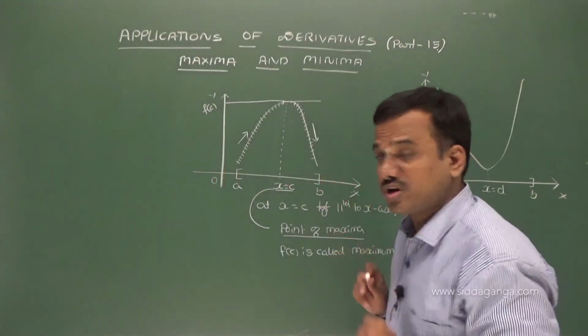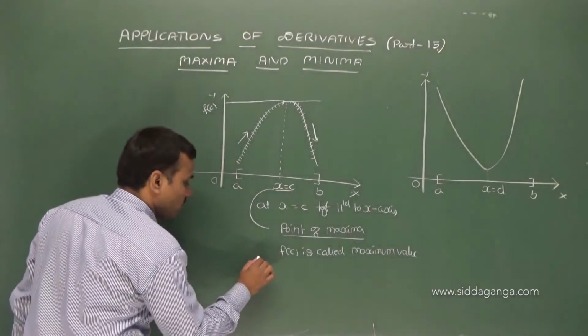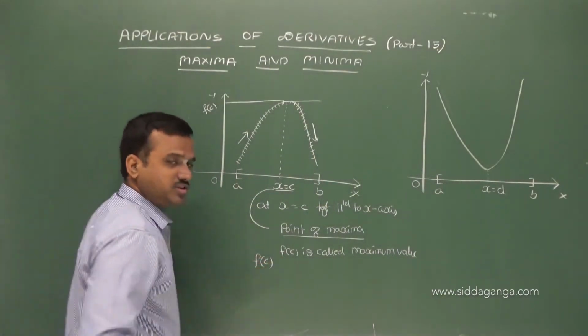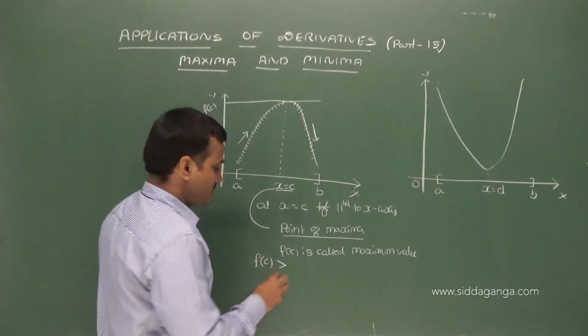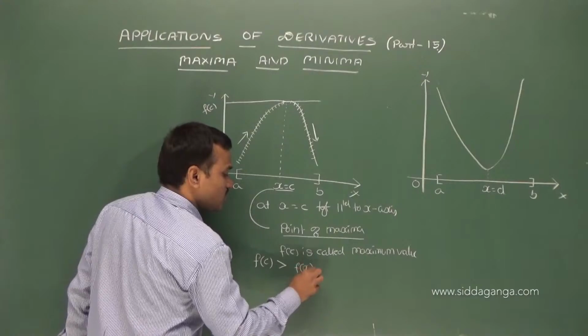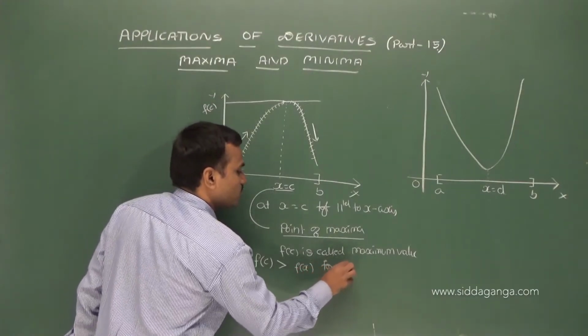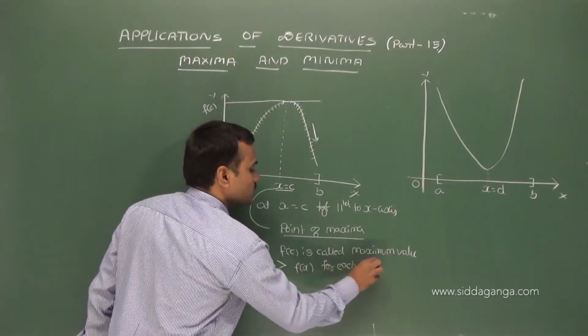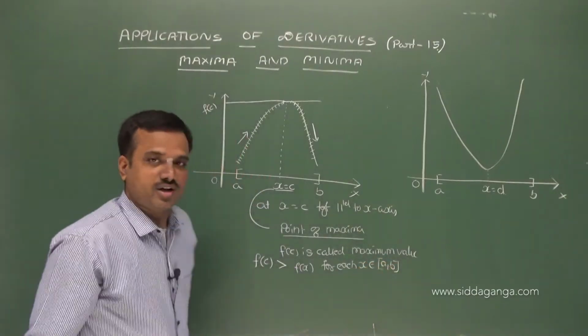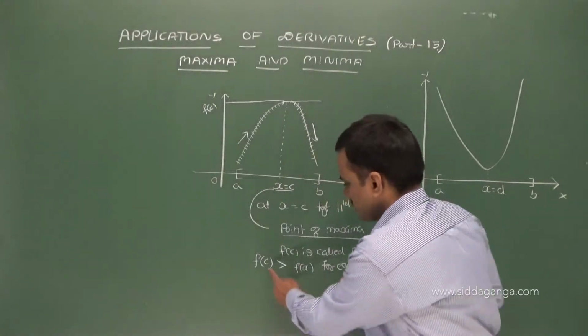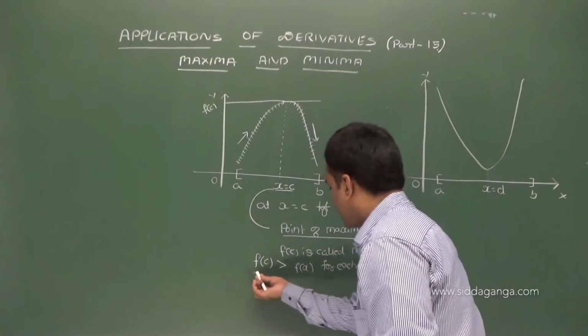One more condition: observe here, this f of c is always greater than f of x for each x belongs to the closed interval a to b. Correct now? This f of c value is very important.